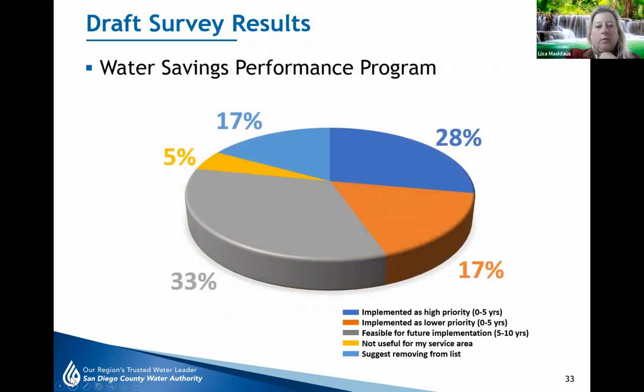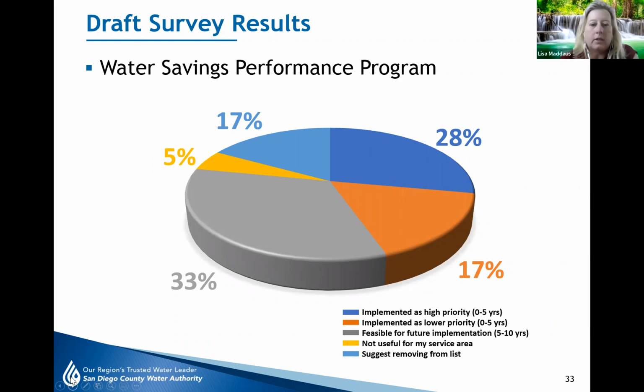So water savings performance program, that's one where you basically are cost sharing, or you're paying for the savings back as a means to participate in a program. Those a lot of times are custom customers or larger customers where you're paying back the water in terms of a rebate value that you've calculated, instead of giving them more of a device related type rebate.